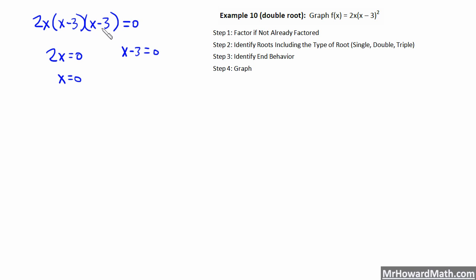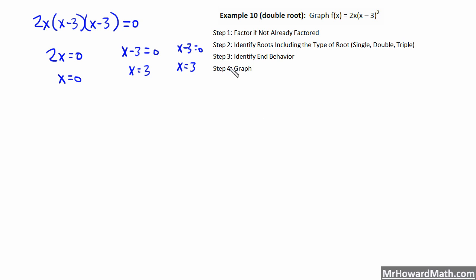We have two of those, so technically we could go ahead and do this twice. So we have x equals 3 and x equals 3. And this is where our double root comes from. Okay? That's why we have a double root. That's why it's called a double root.